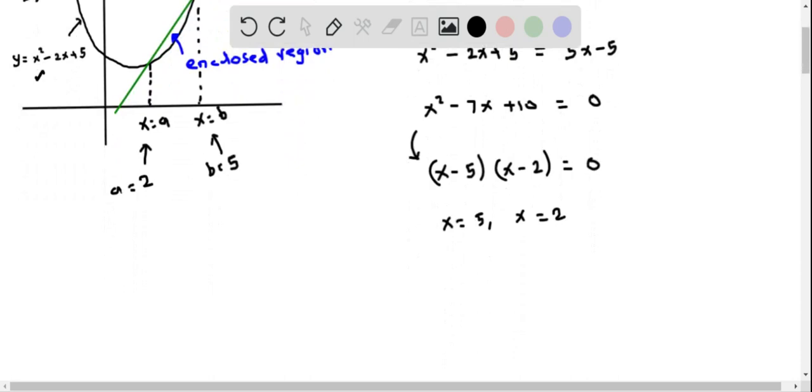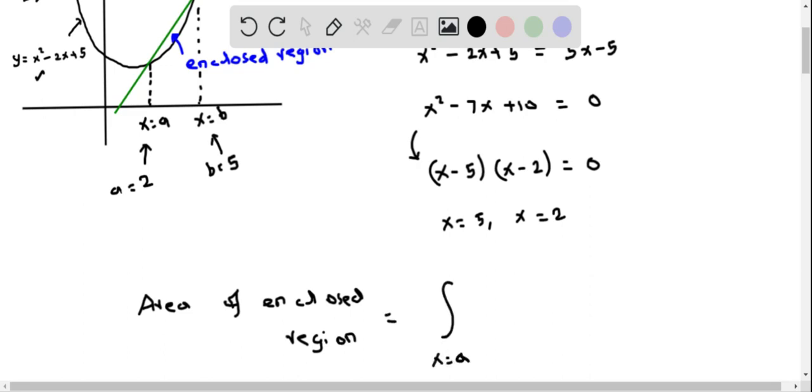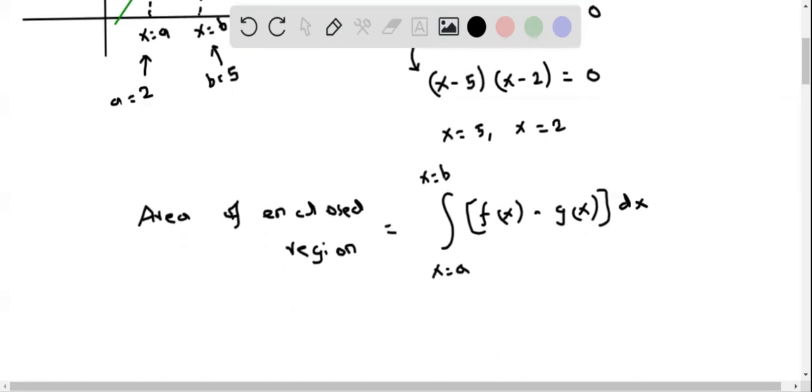Therefore, we write the area of the enclosed region equals the integral from x equals a to x equals b. The top curve, let's say it is f of x, and the bottom curve, let's say it is g of x. Then we integrate with respect to dx. This is the formula we are going to utilize.